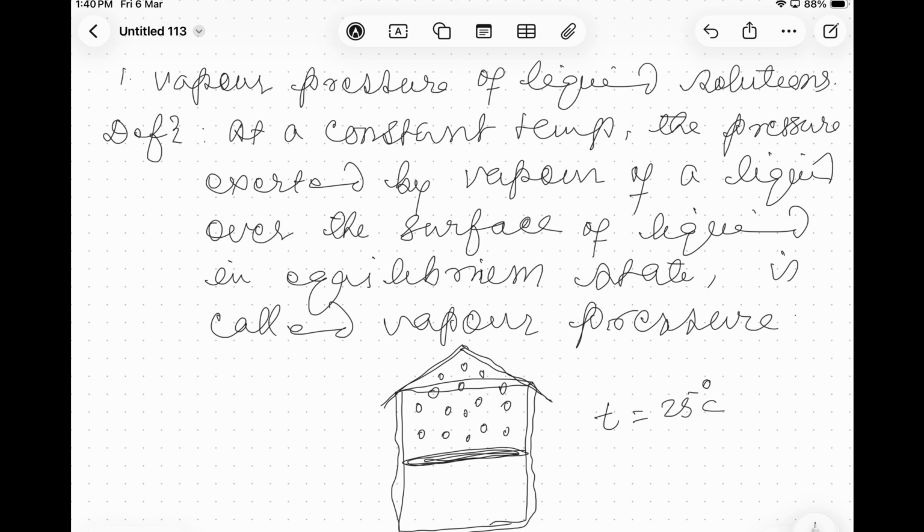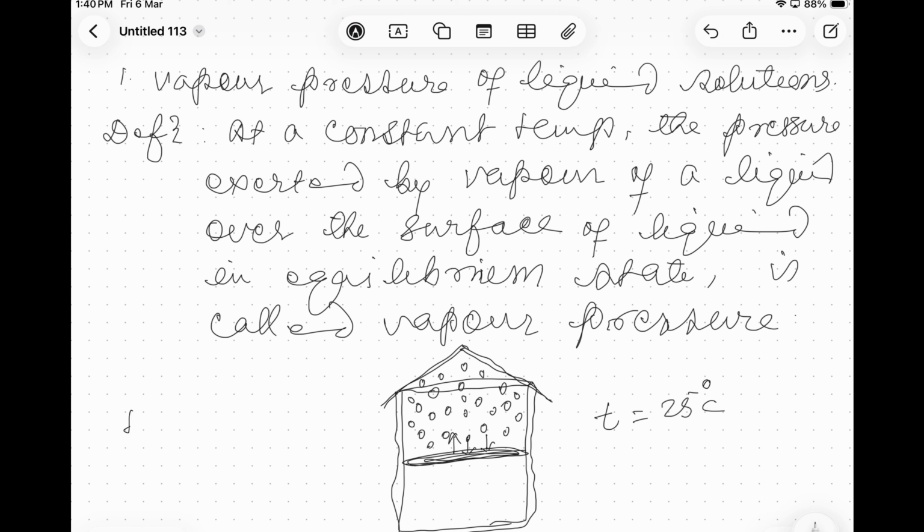Since the volume above the liquid is constant, the concentration increases in this space. After a certain time, some vapor molecules touch the surface of liquid and start to condense.